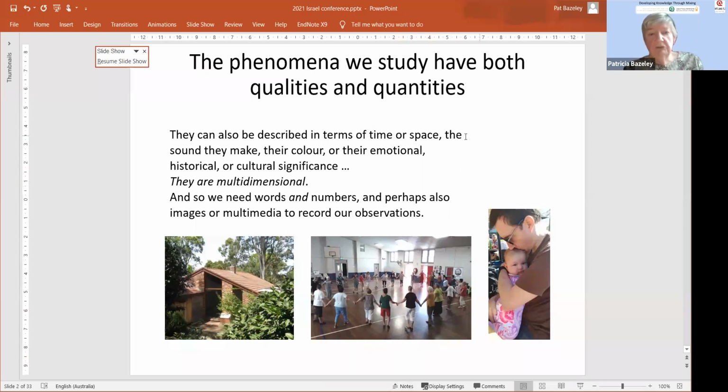They have emotional, historical, or cultural significance. So the point I want to make here simply is that any phenomenon we study is multidimensional. That means we need words and numbers, and perhaps also other means to record our observations.